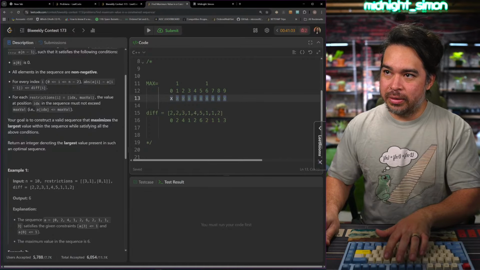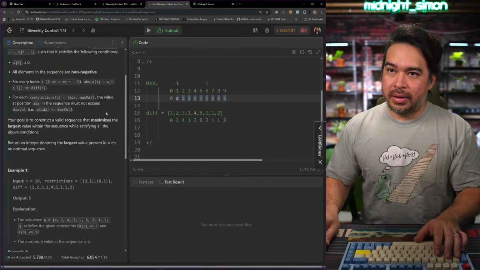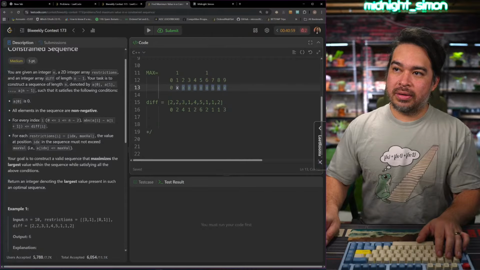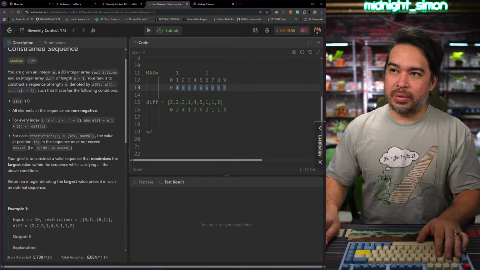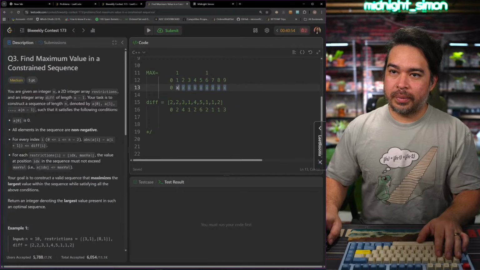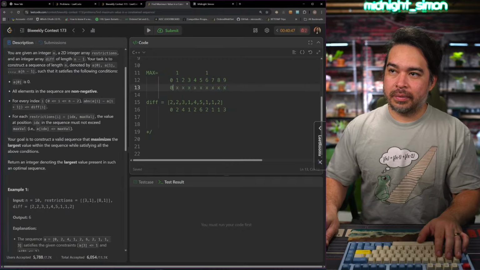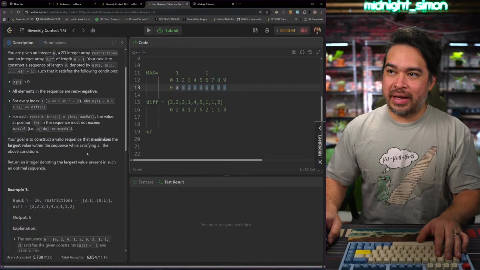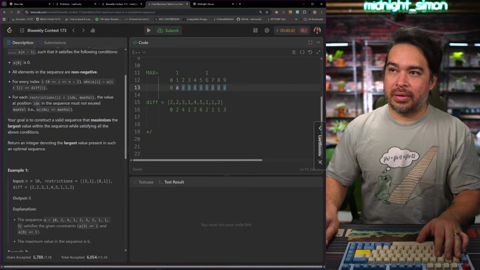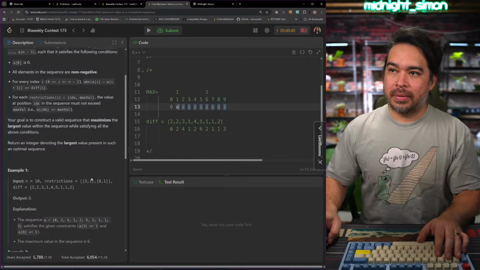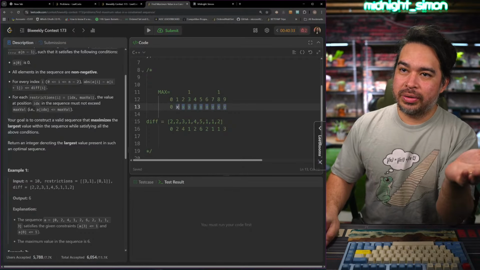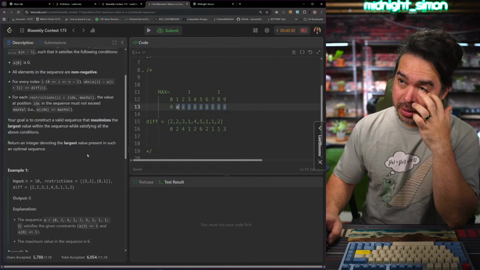So if this is 0, then this number can be either 1 or 2. And we're trying to maximize a value. Oh, that's wrong. Okay. So how do I know whether to choose 1 or 2 there, man?